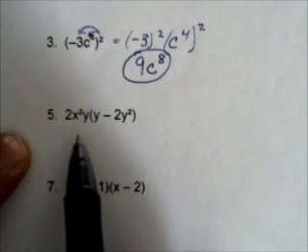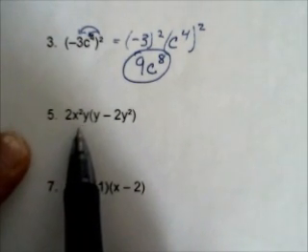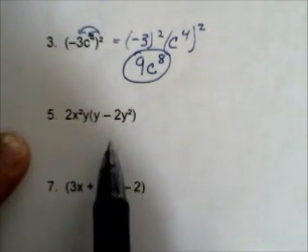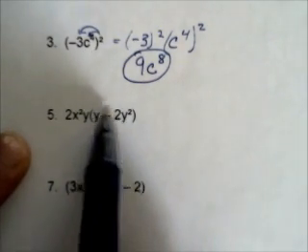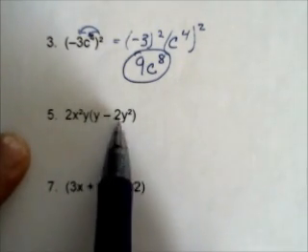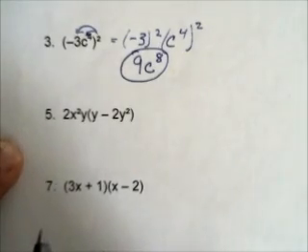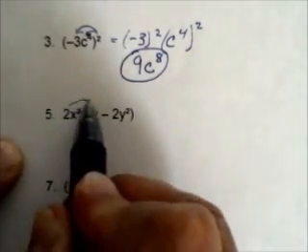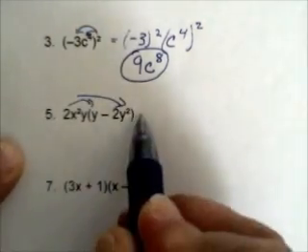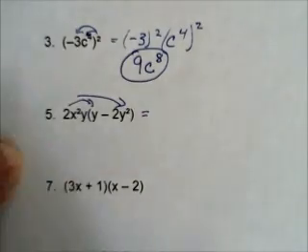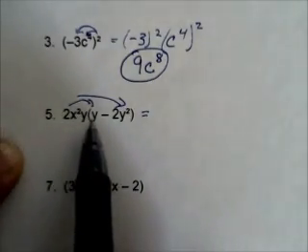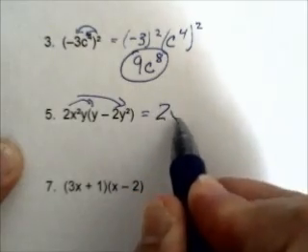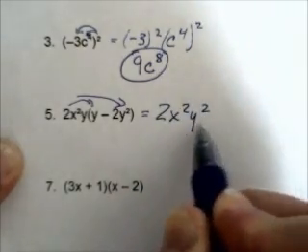Next, we have 2x squared y times y minus 2y squared. Well, inside parentheses there's this binomial. These terms don't combine. So this is regular distribution over parentheses. A little review here. 2x squared y times y would result in 2x squared y squared.